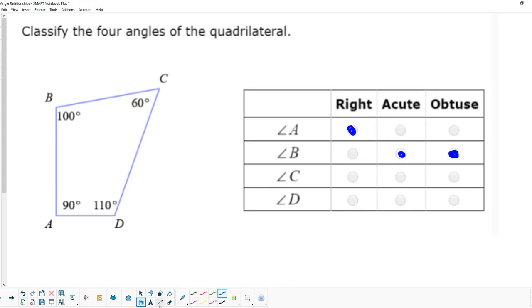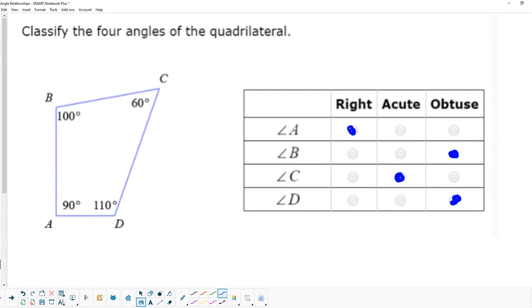I almost said acute, but it's bigger than 90, right? And then angle C is 60 degrees, so that would make that an acute angle. And angle D is 110, so that would be another obtuse angle.